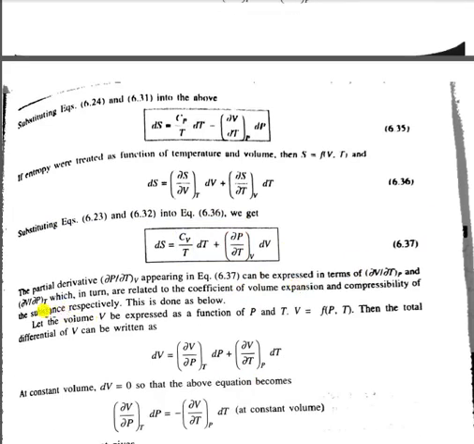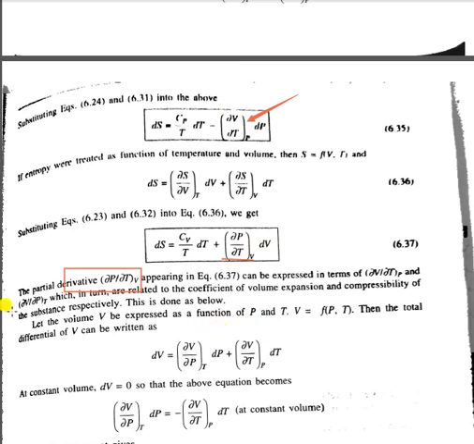Now the partial derivative of del P by del T at constant V, ये टर्म की बात कर रहे हैं, in equation 6.37 can be expressed in terms of del V by del T at P, okay. આ રીતે જે રીતે રિપ્રેઝન્ટ કરી શકીએ એ રીતે આપણે આ રીતે પણ એક્સપ્રેસ કરી શકીએ છીએ. આગળનું ઇક્વેશન 6.35 છે એ પ્રમાણે.